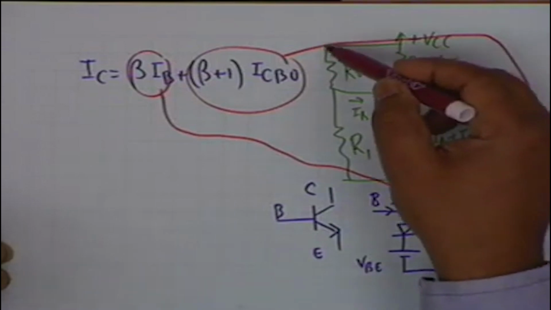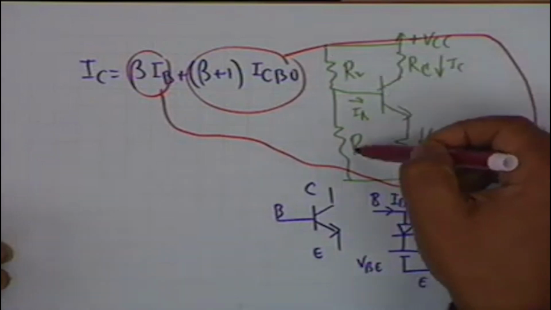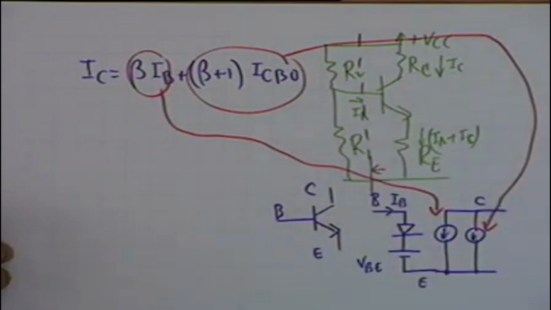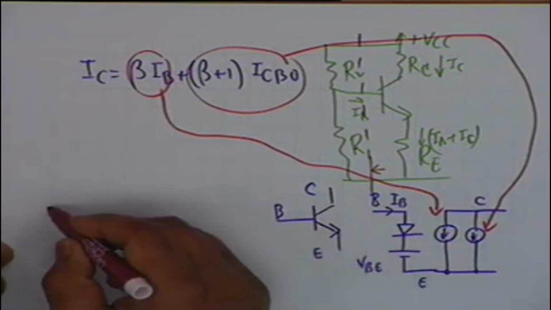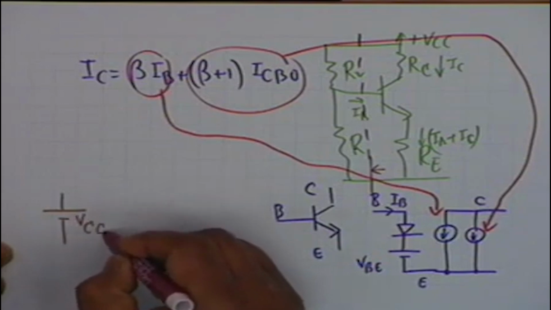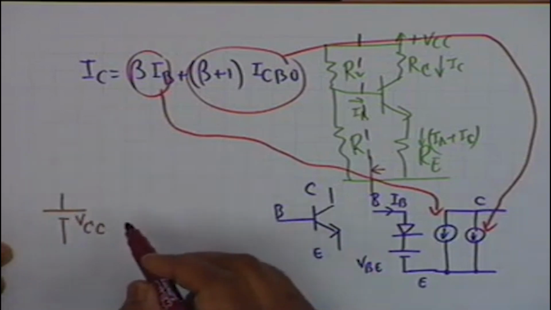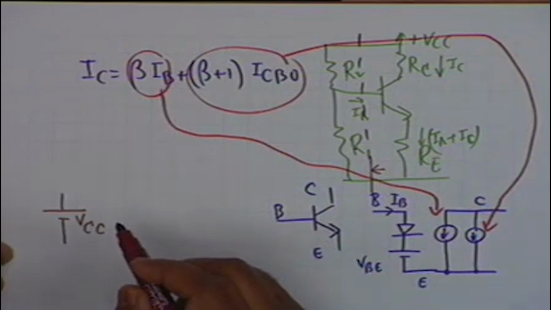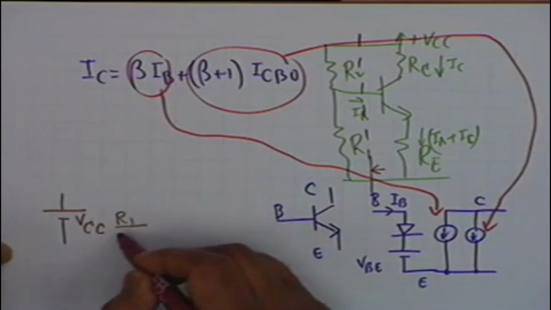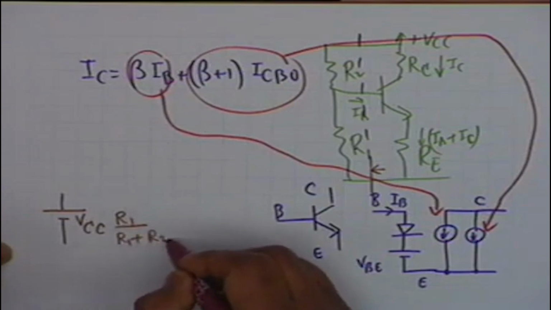So, R2 is connected to VCC, then connected to base and R1, and if we look to the left of this line, we can replace this by a Thevenin equivalent, and the Thevenin equivalent would be a battery VCC multiplied by... The Thevenin equivalent voltage source is the open circuit voltage multiplied by R1 divided by R1 plus R2.